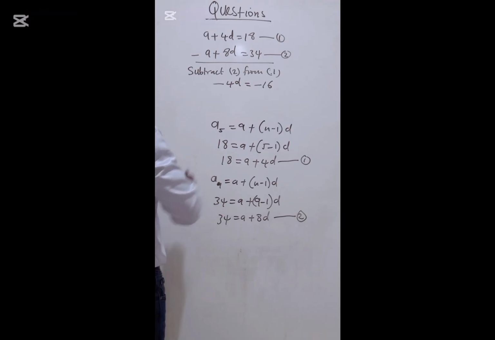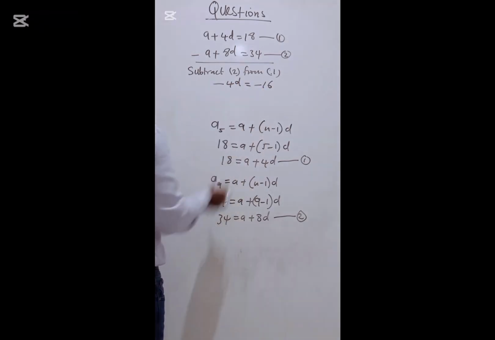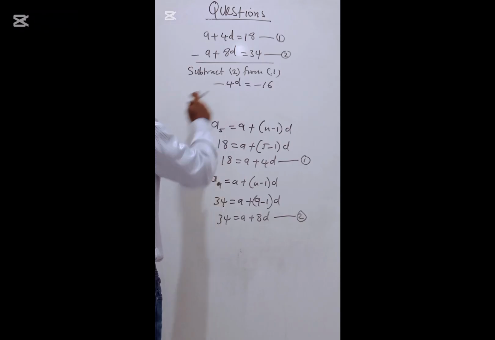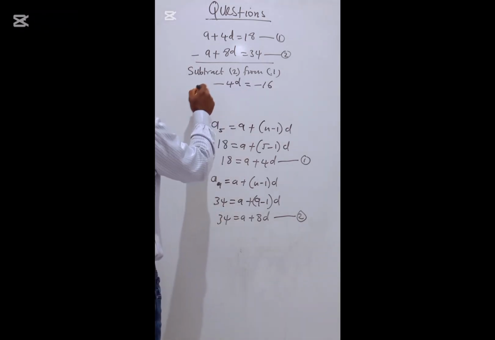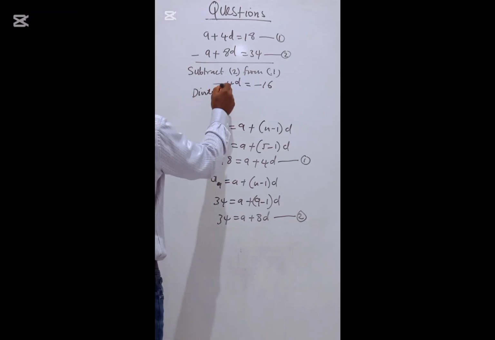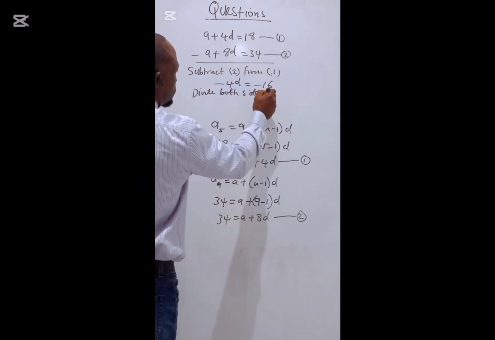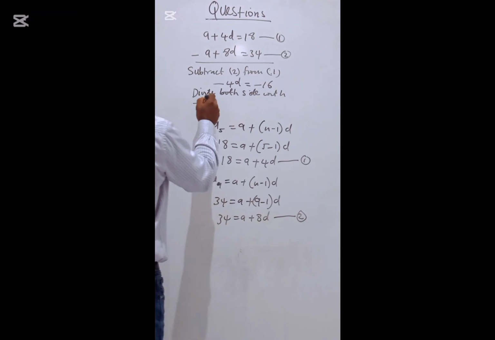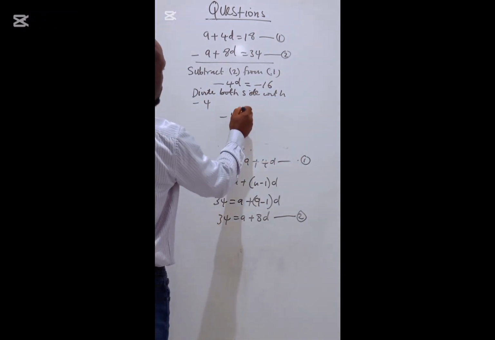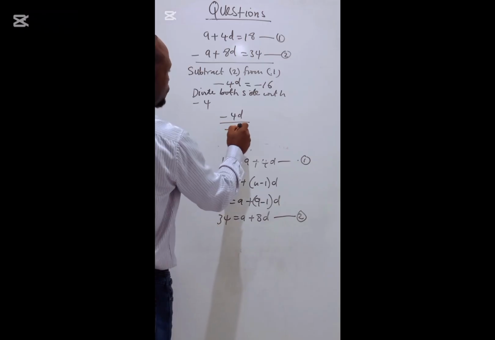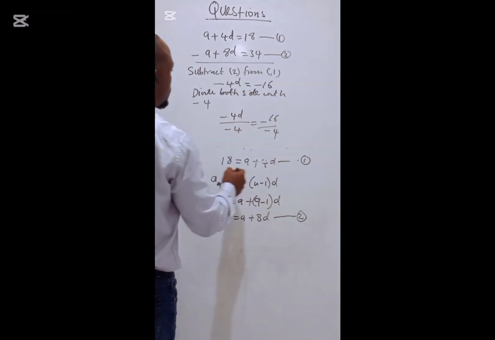Therefore, to get the value of d, I'm going to divide both sides of the equation by minus 4. If I divide both sides by minus 4, the equation becomes minus 4d over minus 4 is equal to minus 16 over minus 4.